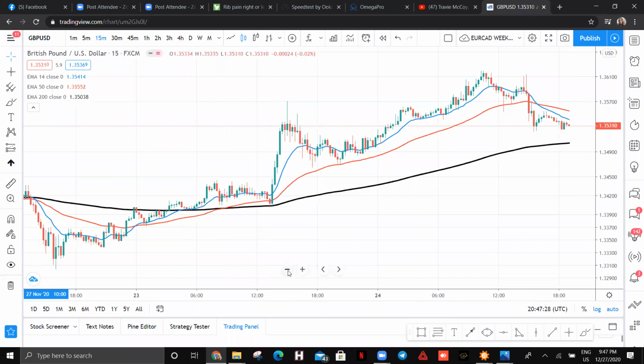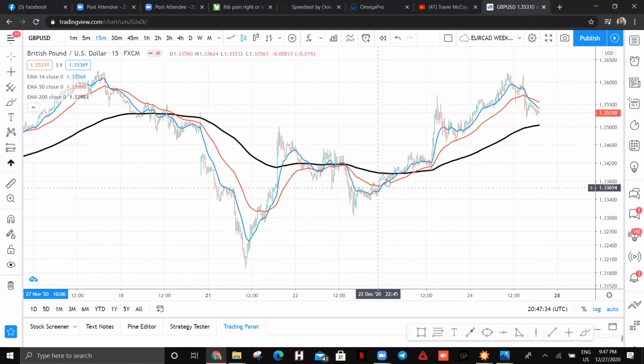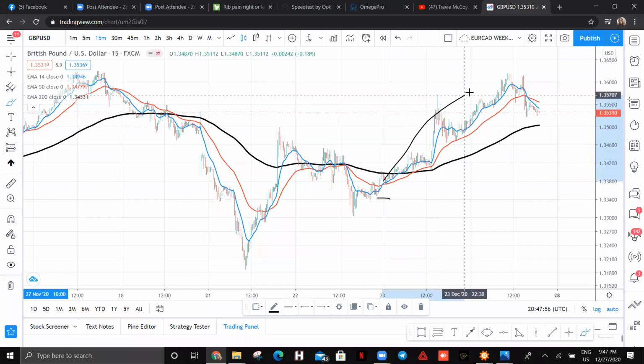So since we've missed the crossing, if you took this trade somewhere around here when the crossing happened, let me use this brush, and your stop loss is somewhere here, you are buying up to your desired TP, or you keep buying till price does what? Closes below this or below this, and you exit the market.